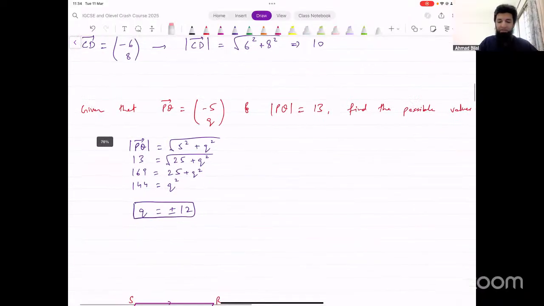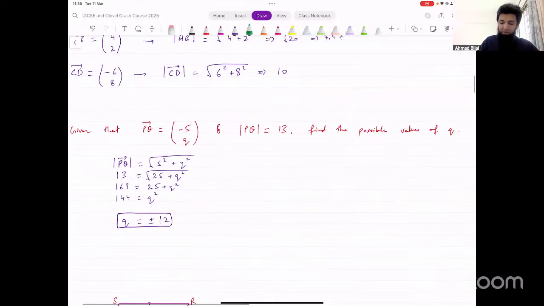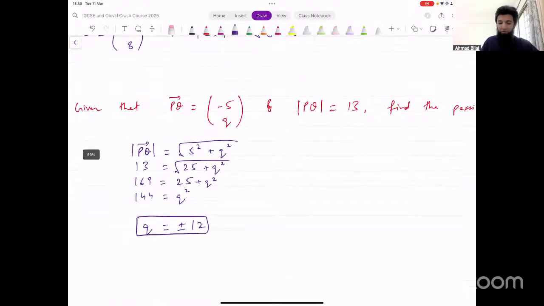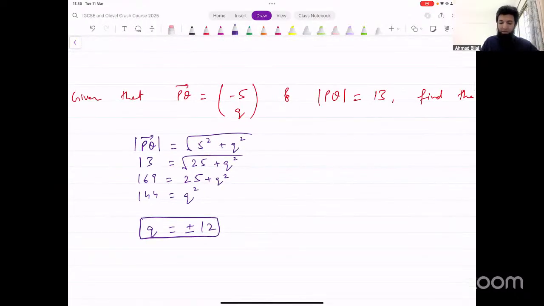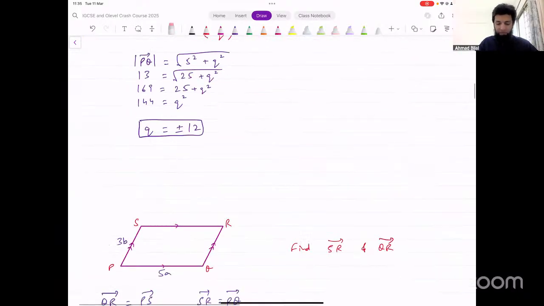For instance, in this example, we were given that the magnitude of the vector PQ is 13. And given that information, we had to find the possible values of q such that the PQ vector was (-5, q). Okay, so what we did was we found the magnitude of PQ in terms of q, and we equated that to 13 and found the possible values of q from that. We got plus or minus 12 from that.